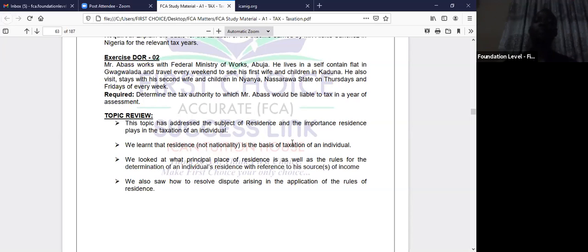We've looked at principal place of residence and the rules that determine how an individual is seen to be resident in a place with reference to his income. And we have seen how to resolve disputes that arise from place of residence.